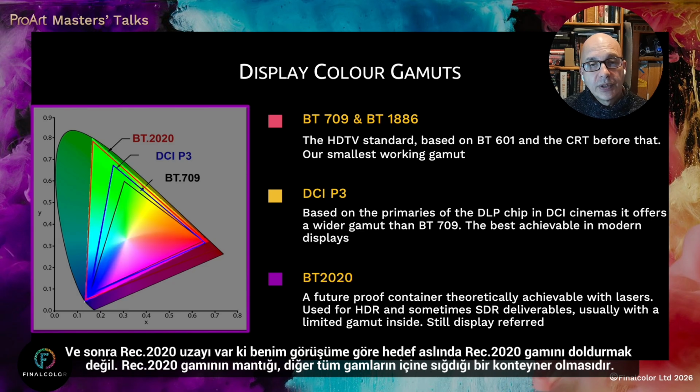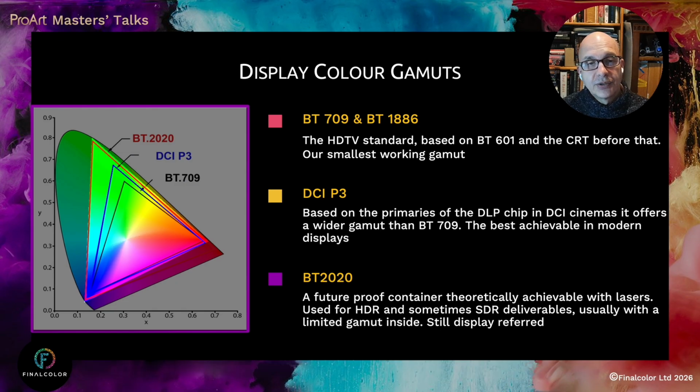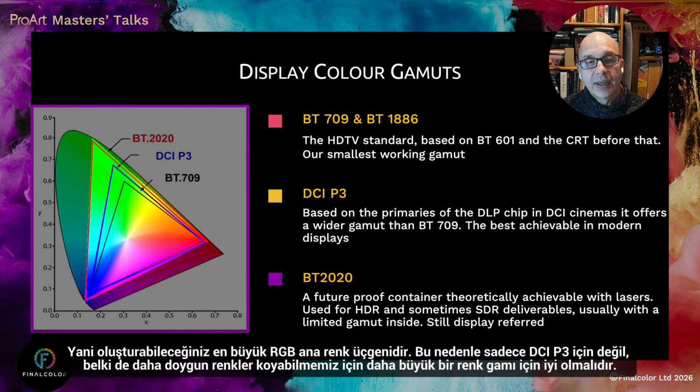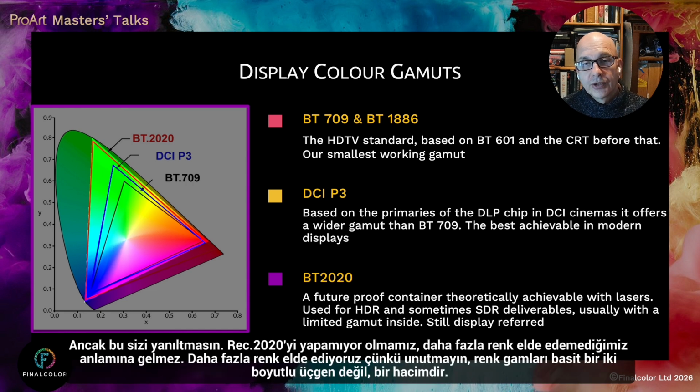And then we have this 2020 space, which in my view is not really the goal to fill the 2020 gamut. The idea of the 2020 gamut is that it's a container that all other gamuts fit inside. So it's the largest RGB primary triangle that you could create, and therefore it should be good for not just P3, but perhaps a bigger color gamut so that we can put more saturated colors on there.